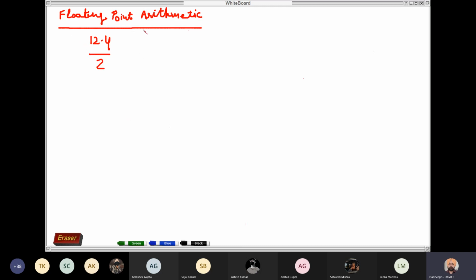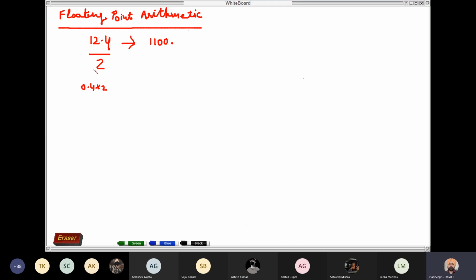So now write 12.4 in binary form. It will be 1100 point. Now 0.4 we can convert into binary by successive multiplication with 2.